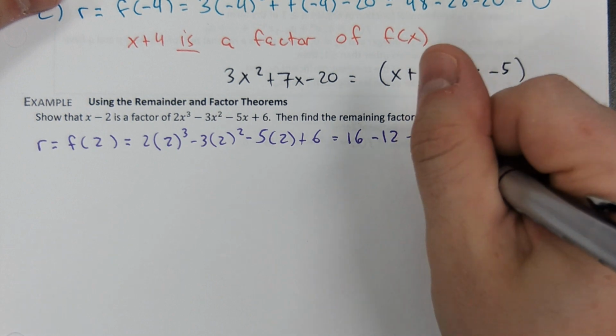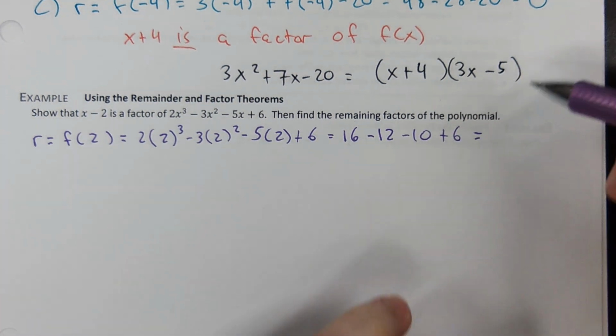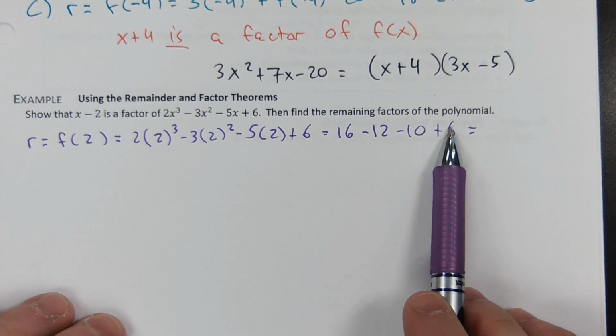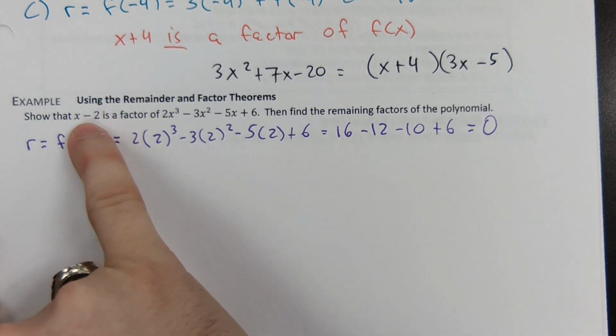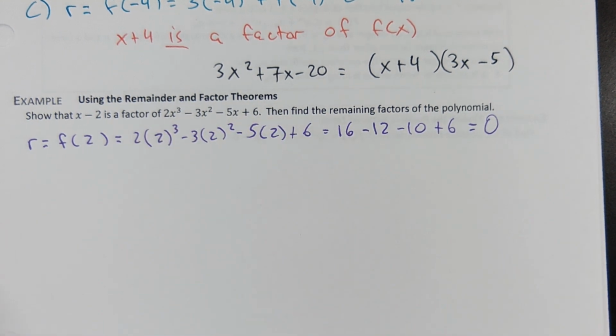Negative 5 times 2 is negative 10, and then plus 6. Okay, well, 16 minus 12 is 4, and 4 plus 6 is positive 10. 10 minus 10 is 0. Because we have a remainder of 0, we have demonstrated that x minus 2 is definitely a factor of this polynomial. And because we know that the remainder is going to be 0, it is worth our time to actually do the synthetic division and figure out what the remaining factors will be.